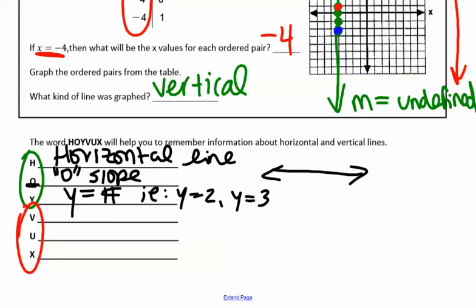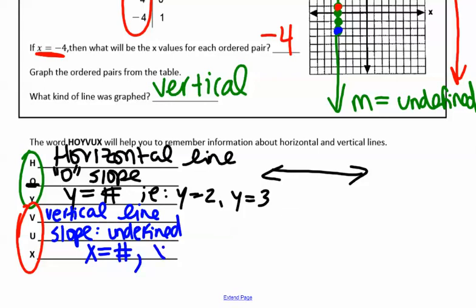Now, if we have a VUX, all right, V stands for a vertical line. U stands for the slope is going to be undefined. Because vertical lines have undefined slope. And this will be in the form of x equals a number.